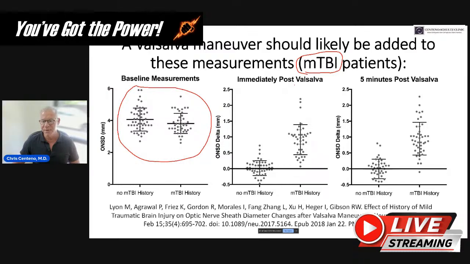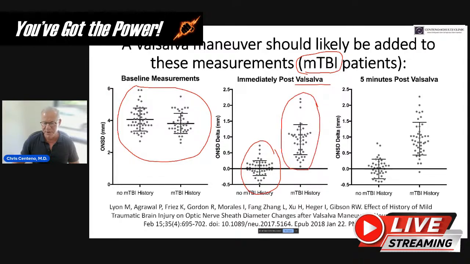Now, if we ask them to do a Valsalva, and that's where they bear down really hard, these two things did separate out finally. So we saw that the folks with no TBI, there was really no difference in their nerve sheath diameter, and the patients with TBI, there was a difference when they Valsalva.